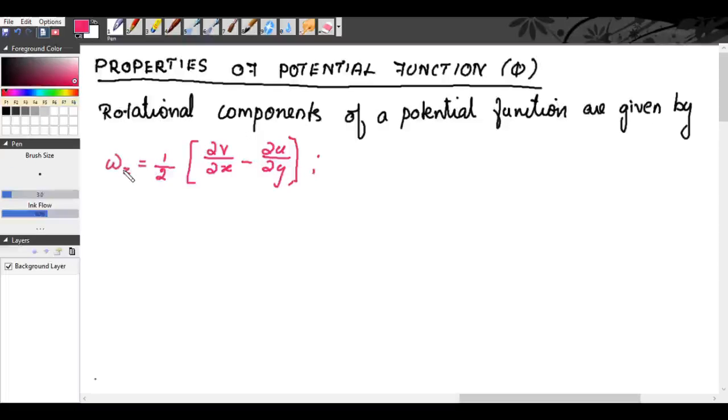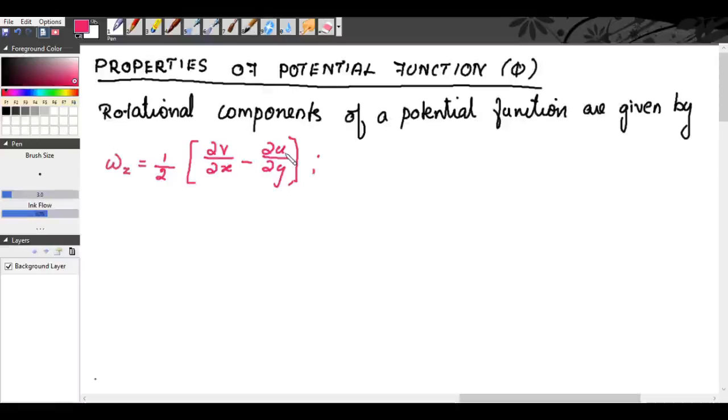So the rotation about the z-axis will be equal to half of the derivative of the velocity component in y direction minus the derivative of the velocity component in x direction. Here v is the velocity component in y direction, and u is the velocity component in x direction.